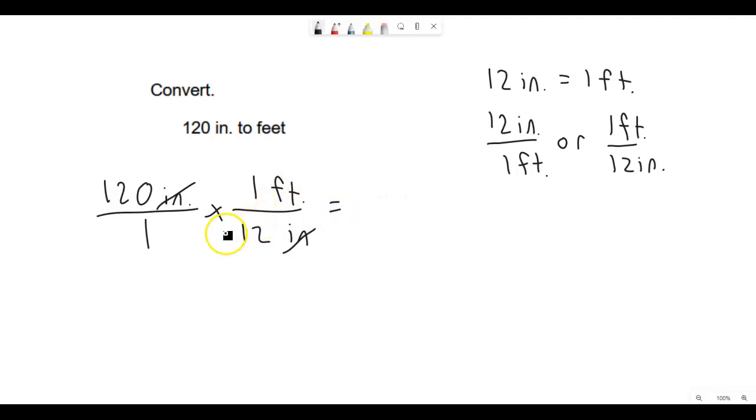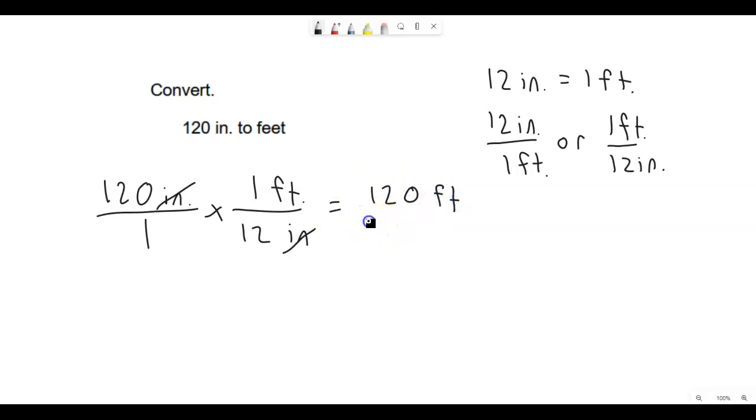And then we're just going to do fraction multiplication. So you multiply the tops across, and you're going to get 120 times 1 foot. So that's 120 feet.